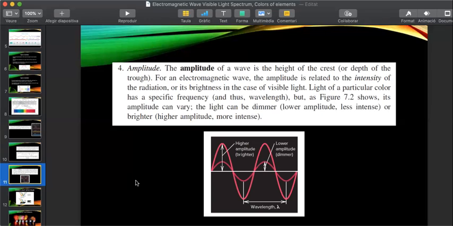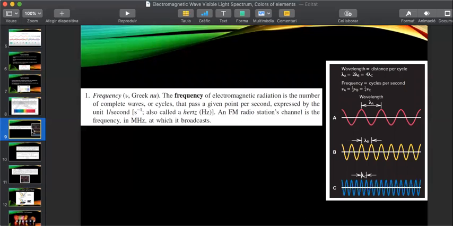Light of a particular color has a specific frequency. But for example, this figure over here shows that its amplitude can vary. The light can be dimmer, okay, a lower amplitude, less intense, or brighter, higher amplitude, more intense.